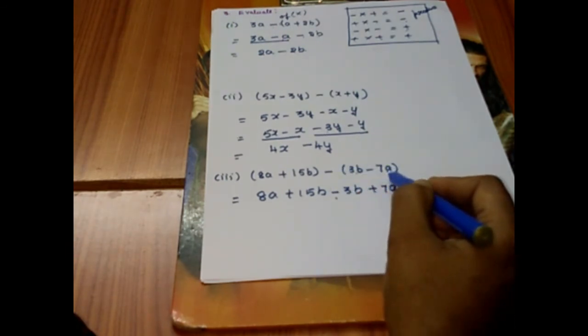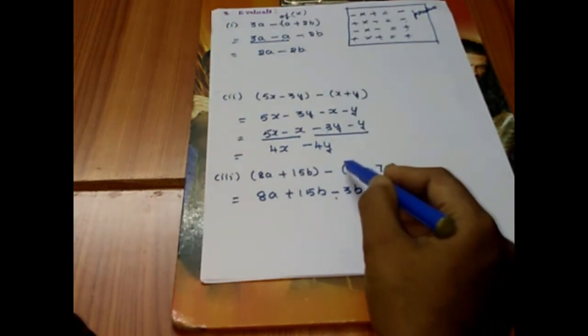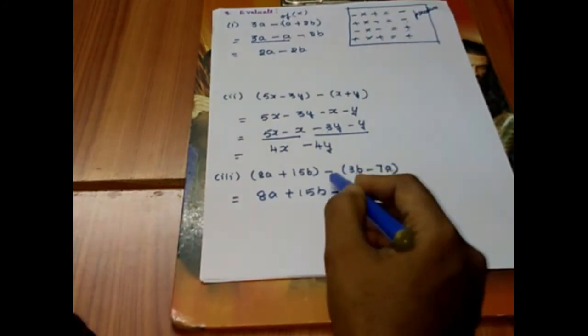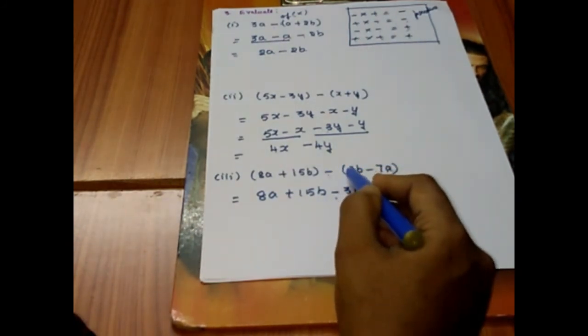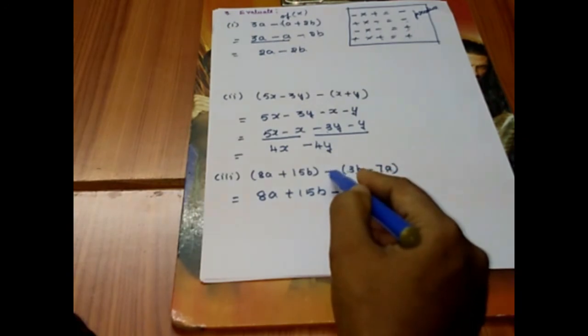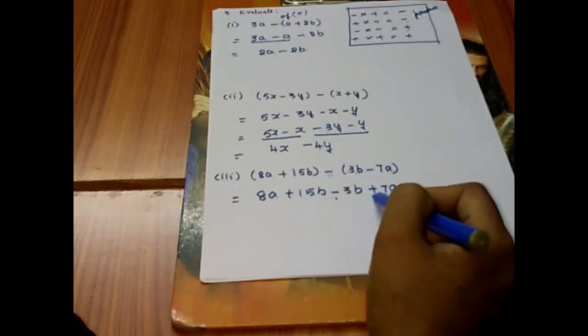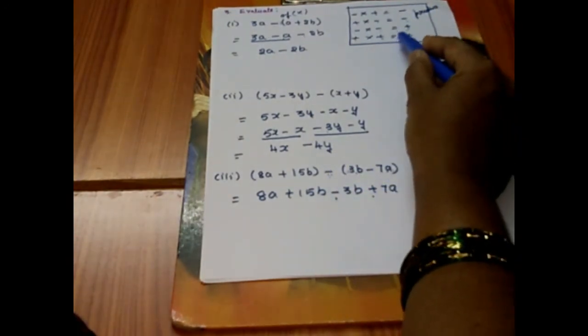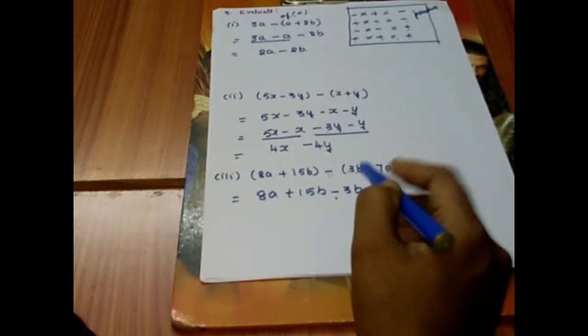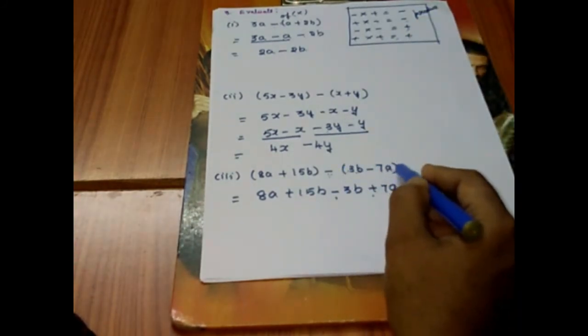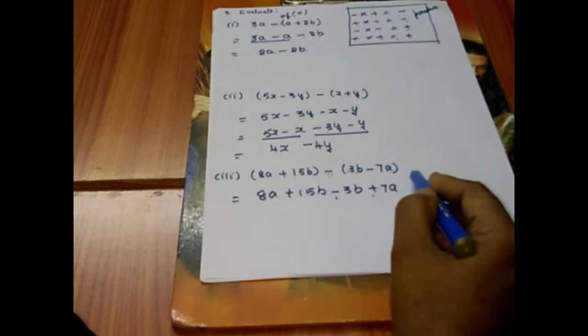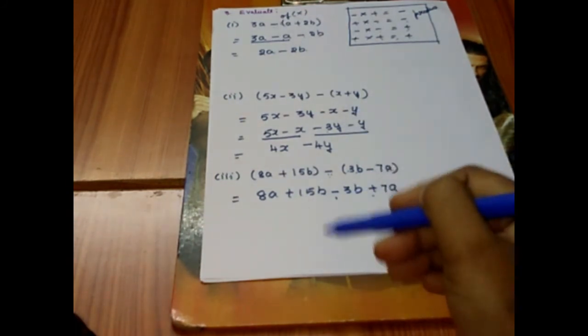How did it happen? We are multiplying the values inside the bracket with the minus sign. Minus into plus, minus; minus into minus, plus. Those who are not able to remember this, keep this clue at least: whenever you open the bracket, the values inside the bracket should be written with the opposite sign.